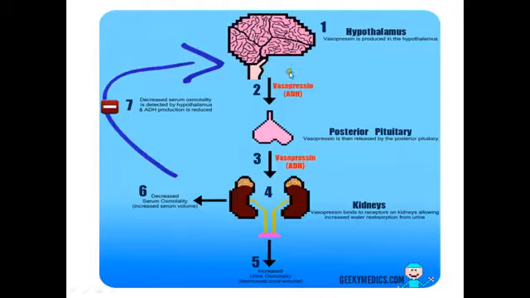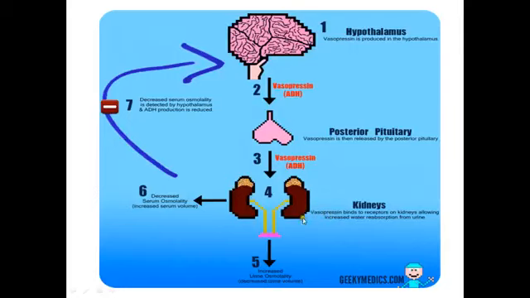So what happens is, this hormone, which is also called vasopressin, is produced in the hypothalamus and is stored in the posterior pituitary. It is released from the posterior pituitary and goes into the kidneys, where there are receptors, aquaporin receptors, to which it binds.